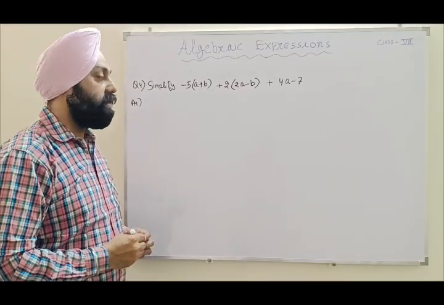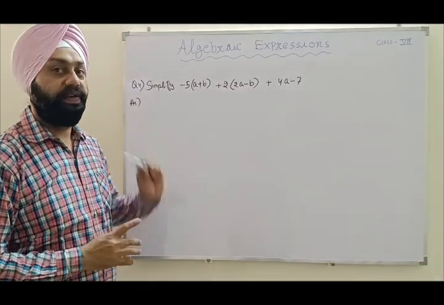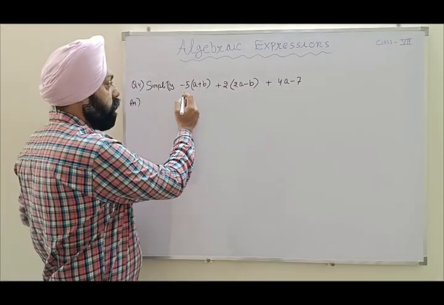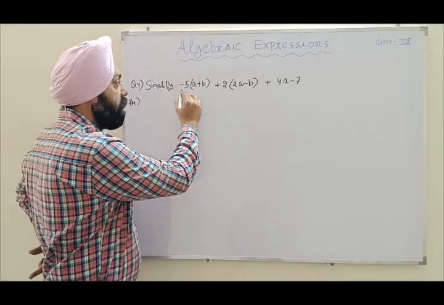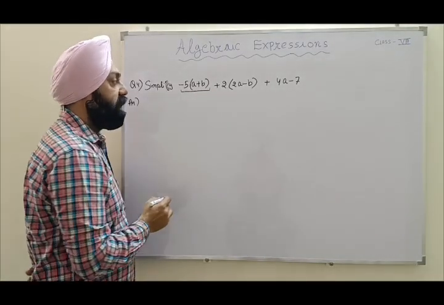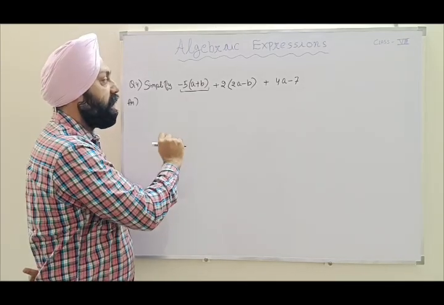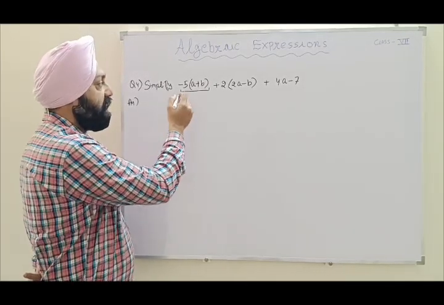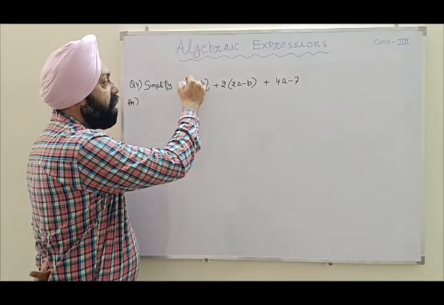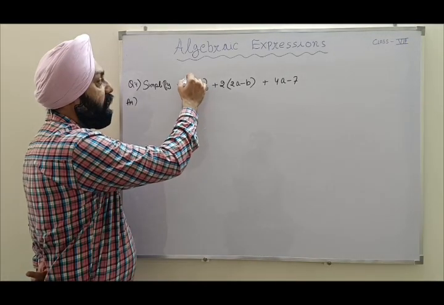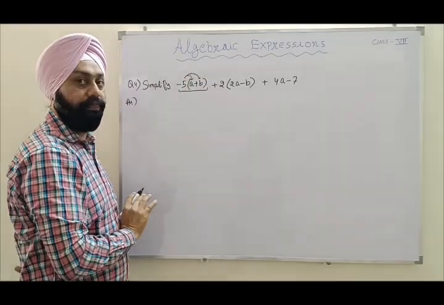So the fourth question is, we have to simplify this expression. So here you can see that minus 5 is getting multiplied with a plus b. This is one term. So what we will do, we will first open the bracket. How will we open the bracket? Minus 5 will get multiplied with each and every term inside the bracket.